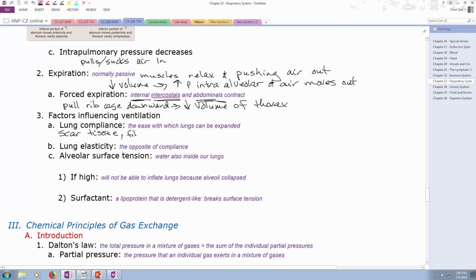So fibrosis will decrease compliance. Scar tissue, fibrosis. What if you had an infection? What do you think that's going to do to your compliance? That will also decrease compliance. So there are a lot of ways to decrease compliance of your lungs.